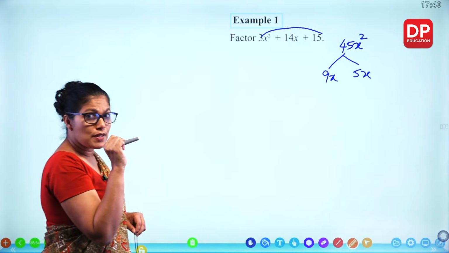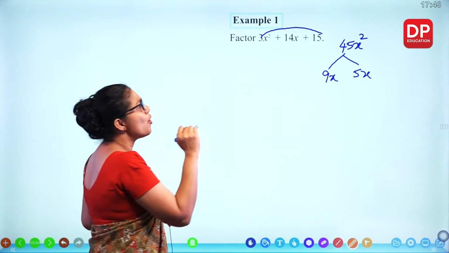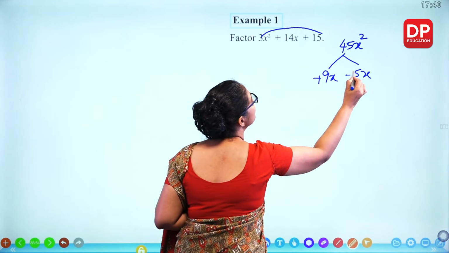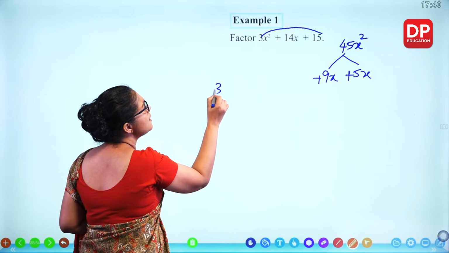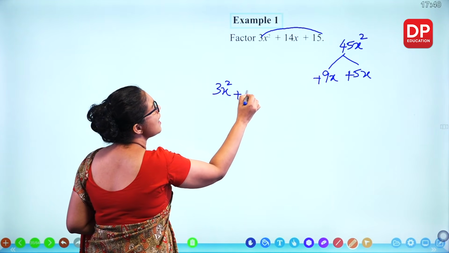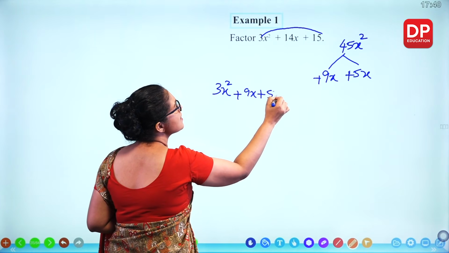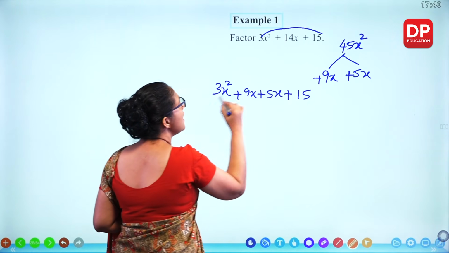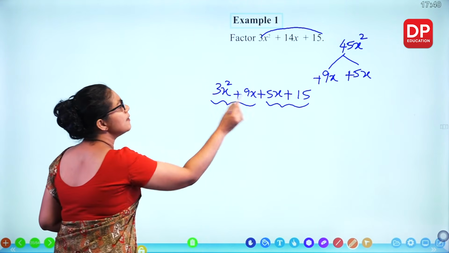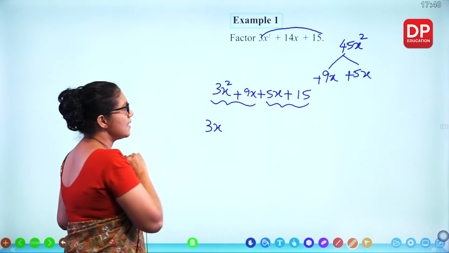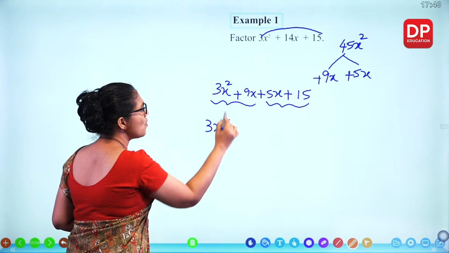The middle term is plus, so both are positive. 9 plus 5 gives 14. So split the middle term into 9x and 5x and then take the first two and last two separately. You can see 3x is common, take it out.